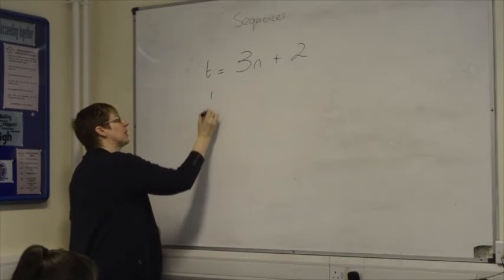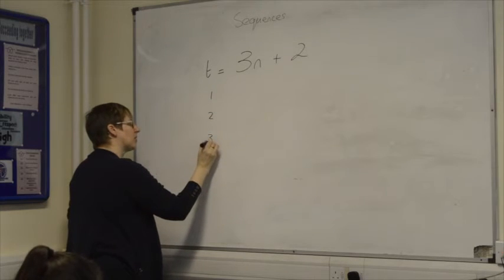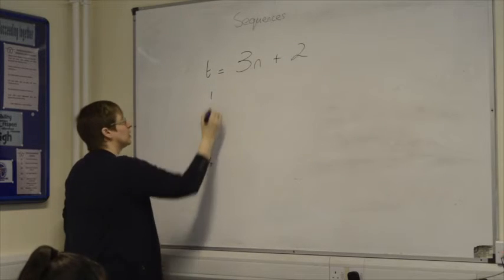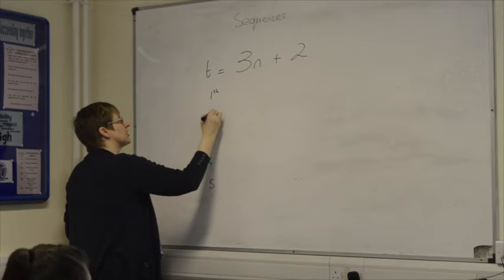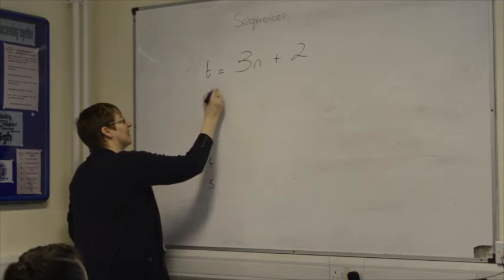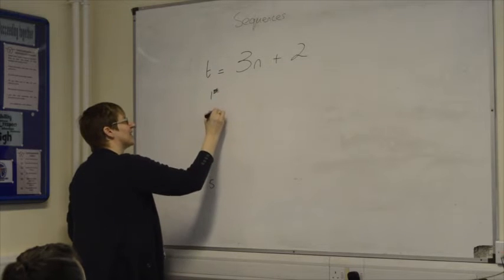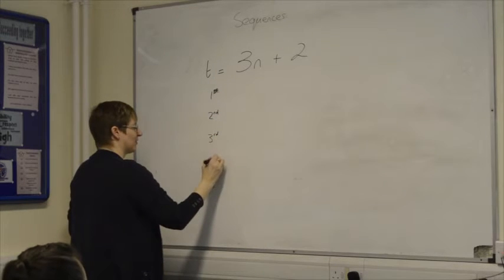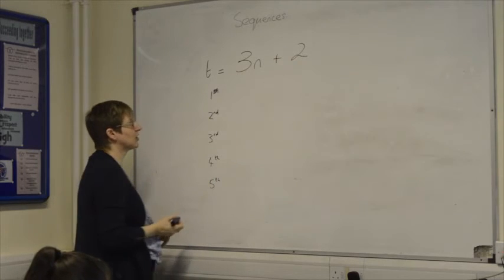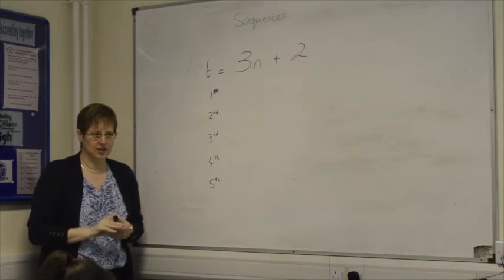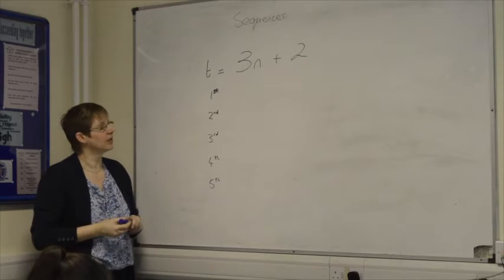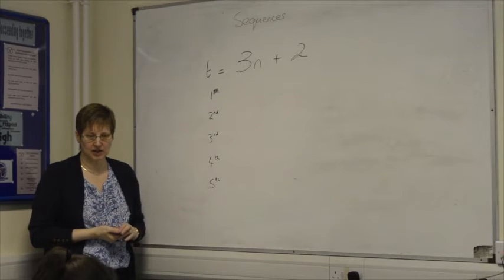So what would be the first, the second, the third, the fourth, the fifth terms in that sequence? Do you want to write them on your board for me first? And then we'll see if everyone can get it down.